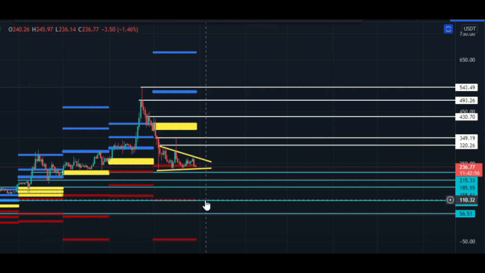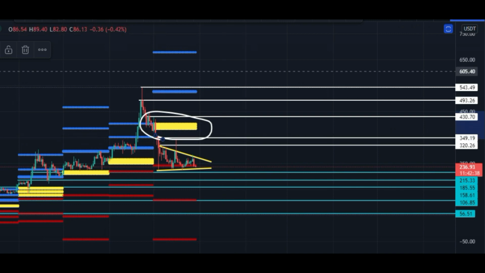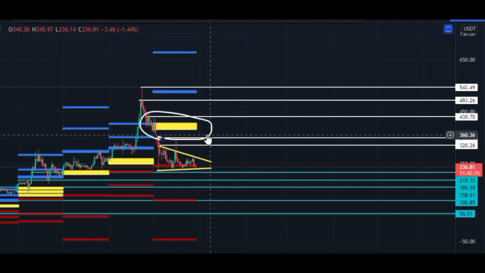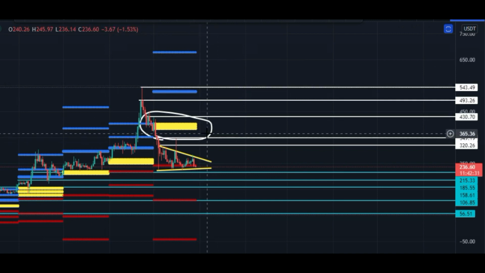But I don't think price can go down to hit this zone. I think price will go up and touch this $380 zone, and here price can face some resistance, and we have to watch this area. After that price can hit these targets. Until then we have to be very careful.